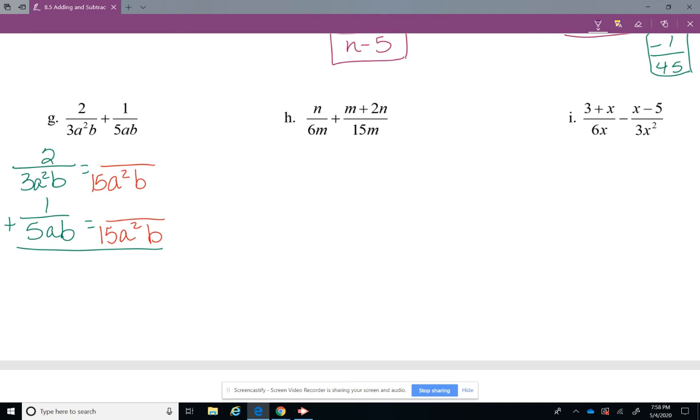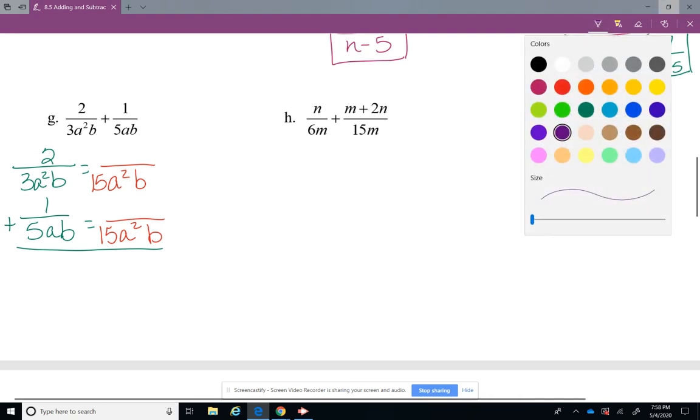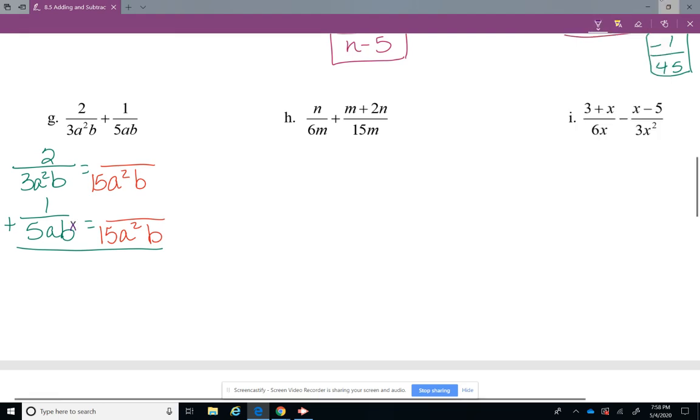All right, so now what do I have to multiply this 5 by down here to get 15? All right, that's going to be 3. So we're going to multiply it by 3. I think I'll just put parentheses since I don't have a lot of room there. I'm going to multiply it by 3.